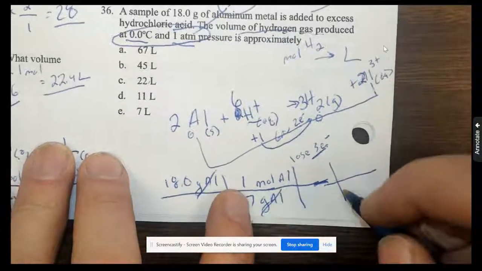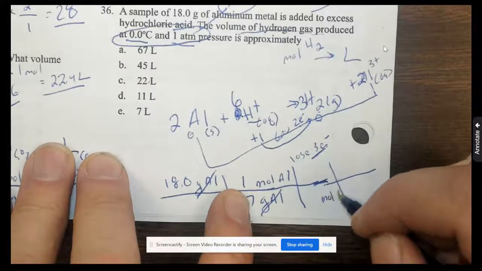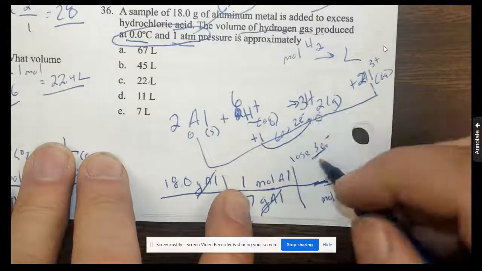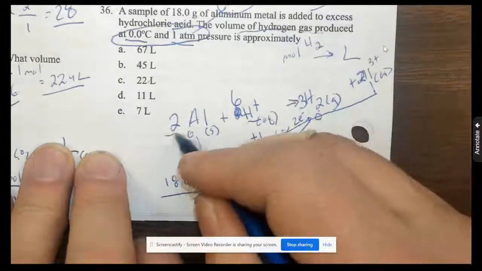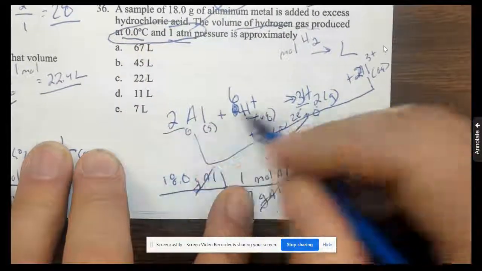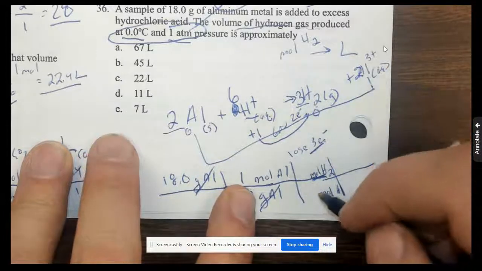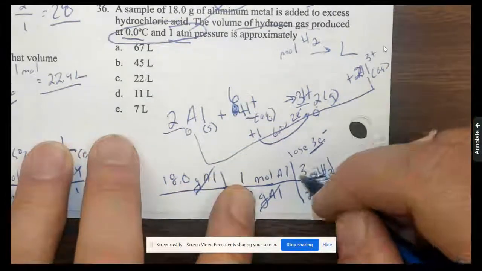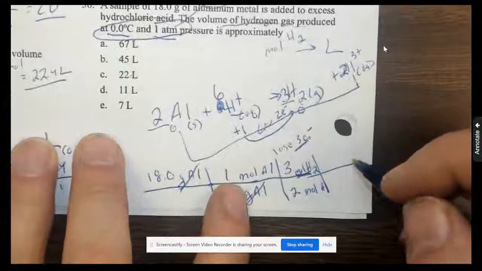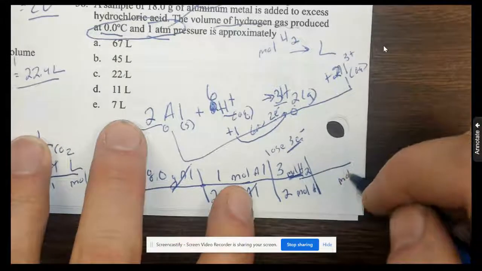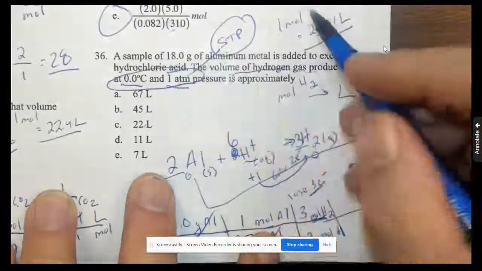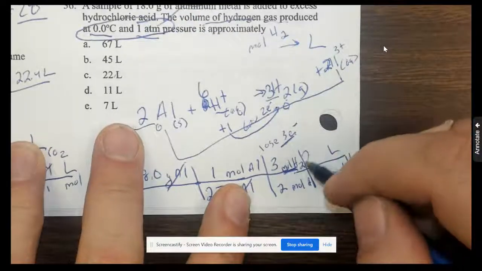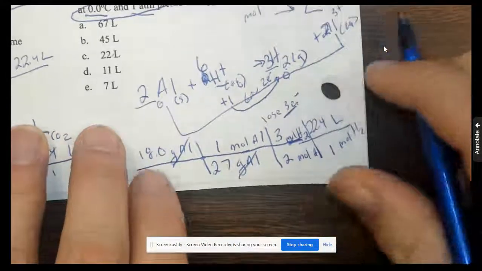So I'm going to go from moles of aluminum to the gas that I want, which is hydrogen gas. And I can do that from moles to moles because I have my ratio. So for every 2 moles of aluminum, I'll make 3 moles of hydrogen gas. Now, they wanted liters. Now, I know if I'm at STP that 1 mole of any gas occupies 22.4 liters.